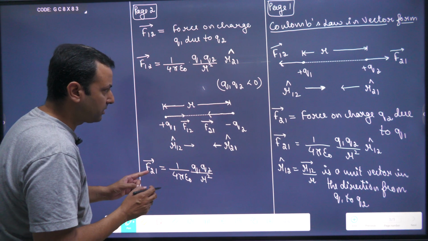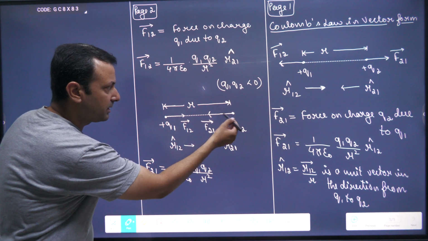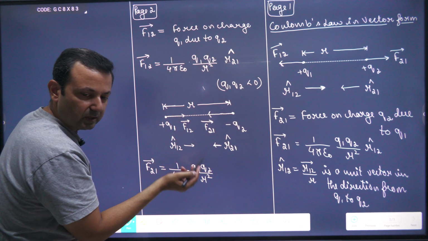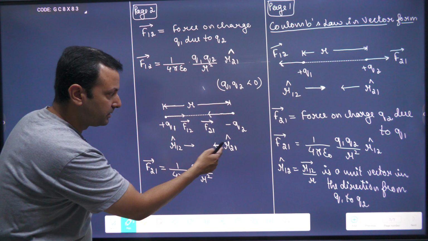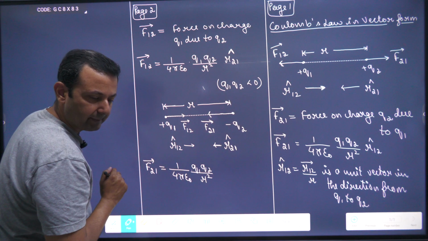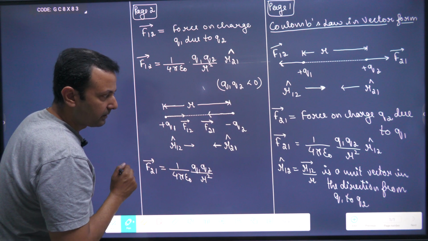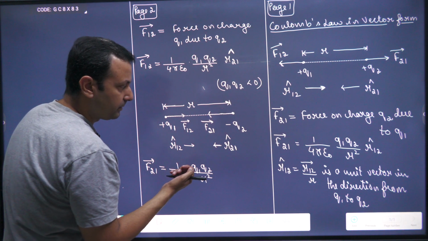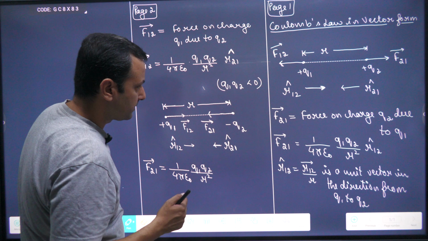The direction of the F21 vector is here. So we will multiply it with which unit vector? This or this? Tell me. R12 cap?